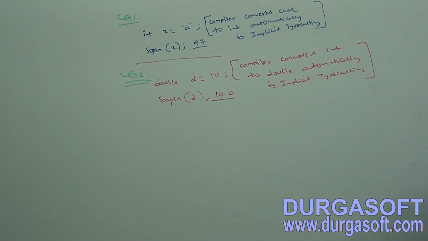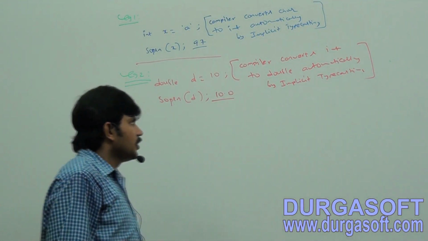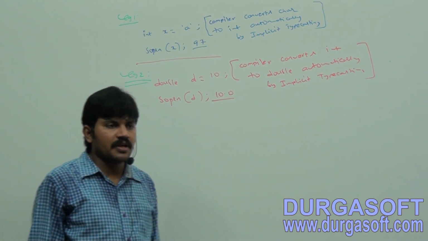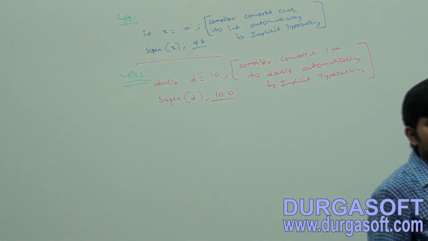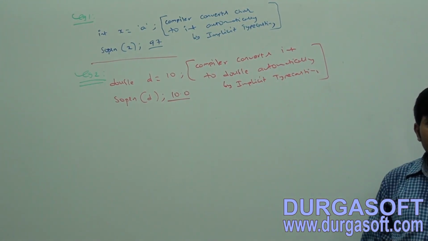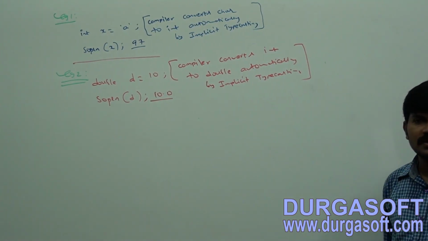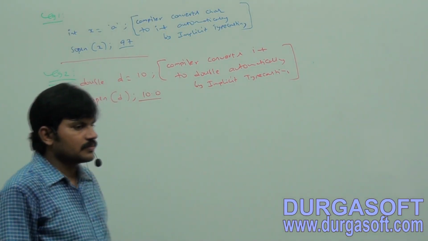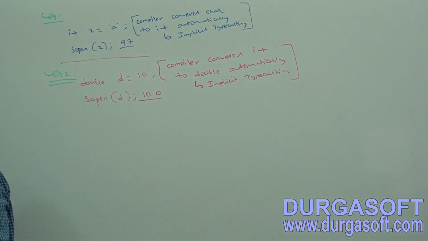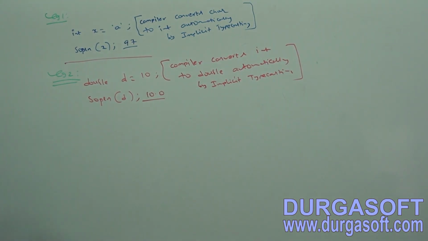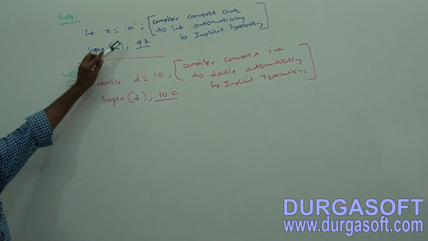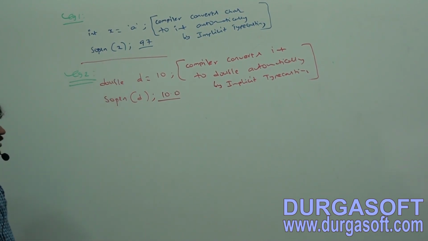Next, the compiler converts int to double automatically by implicit typecasting. That's all. Completed, I hope.